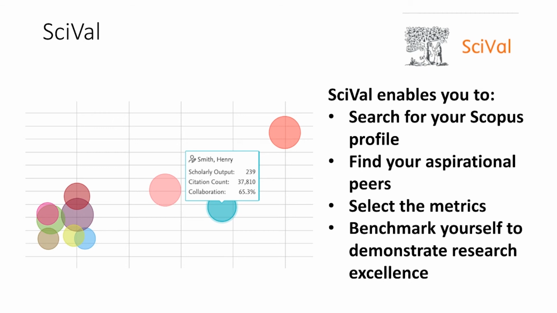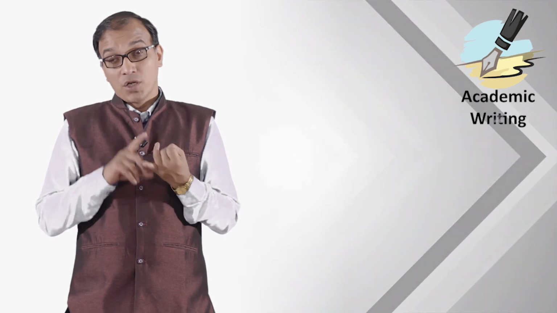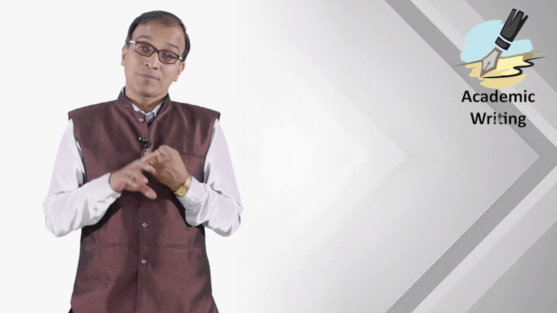SciVal enables you to benchmark yourself to demonstrate research excellence. It is a very recent kind of author level metric, or rather a multi-dimensional metric to assess the performance of a reviewer or researcher with respect to collaborations and institute's performance. So more and more of this kind of metrics are coming into the picture.